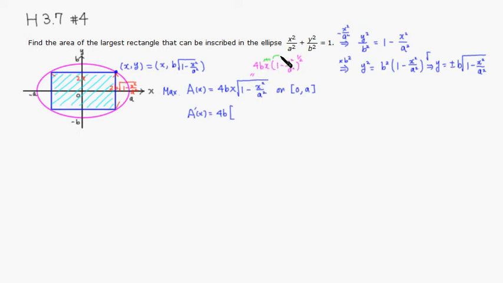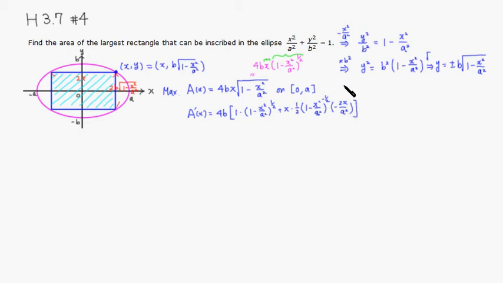Derivative of the first is 1 times the second, so (1 minus x squared over a squared) to the 1/2 power, plus x times the derivative of the second: put 1/2 in front, keep the inside the same, subtract 1 from the power, so negative 1/2 power, multiply by the derivative inside, which is negative 2x over a squared.